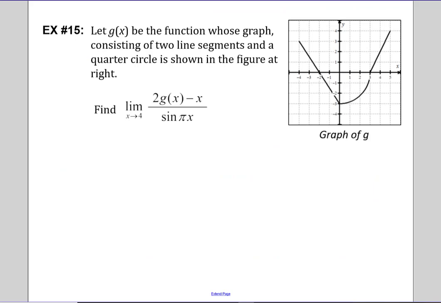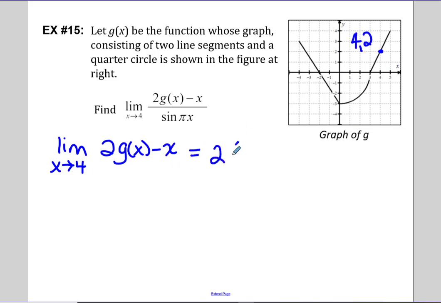And then our final example is a graphic example. Let the function whose graph consisting of 2 line segments and a quarter circle shown in the figure be represented. We're going to find the limit at 4. So checking the numerator, the limit as x approaches 4 for 2g of x minus x at 4. Looks like we have 4, 2 as the ordered pair there.